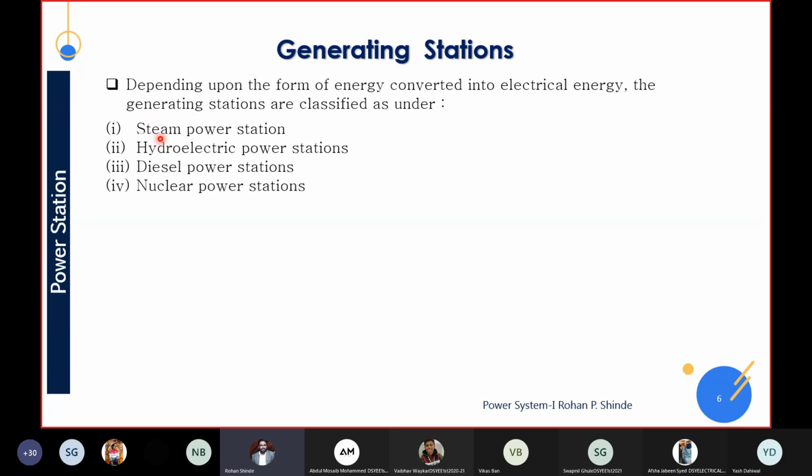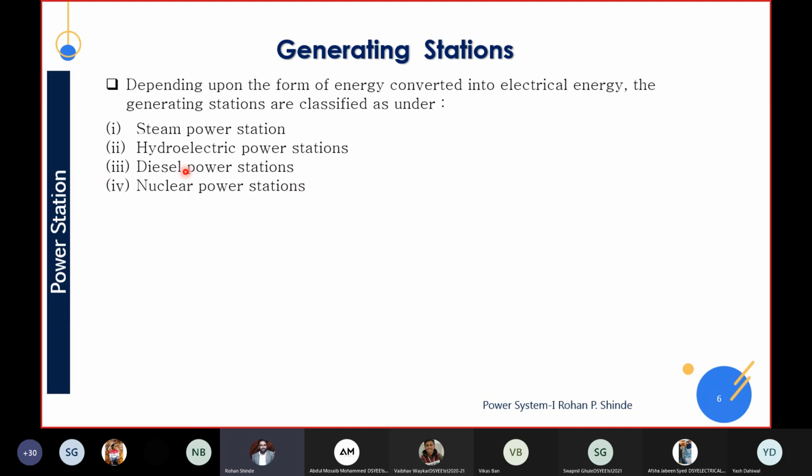So first is the steam power plant, that we have seen in practical number 1. Second, hydroelectric, we have seen in practical number 2. Now we will see nuclear. First we will see nuclear, and after that we will see diesel or gas. So now we will move towards the nuclear power station.